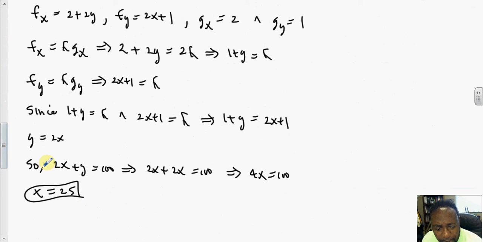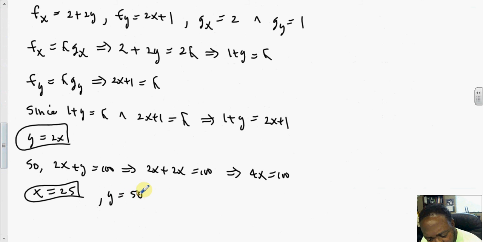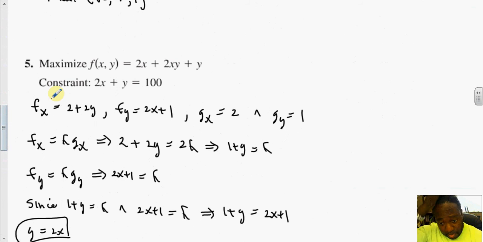So x is 25, but y was said to be equal to 2 times x. So y is equal to 50. And we go back to the original equation here to solve for f.